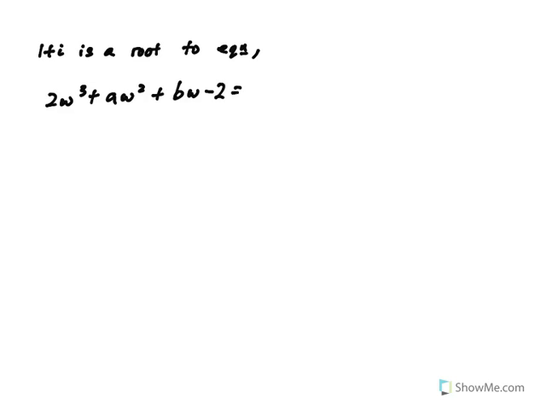We know that 1 plus i is a root of the equation 2w cubed plus aw squared plus bw minus 2. What can you say about this? The coefficients are real. In fact, we have found a and b, so a is negative 5.